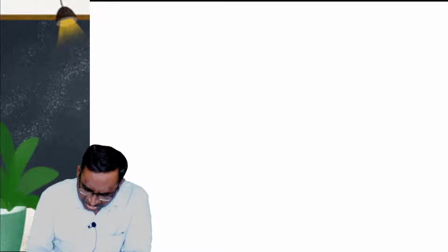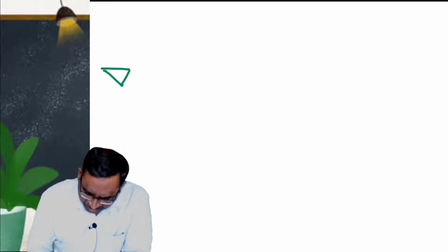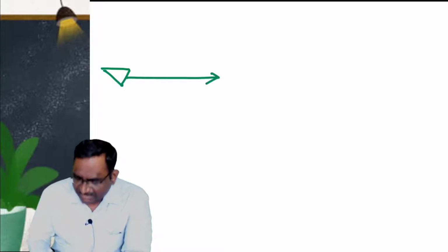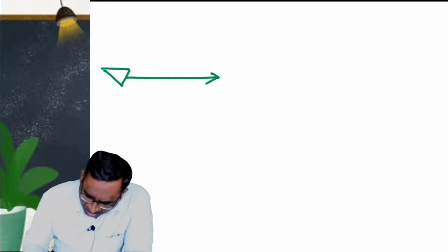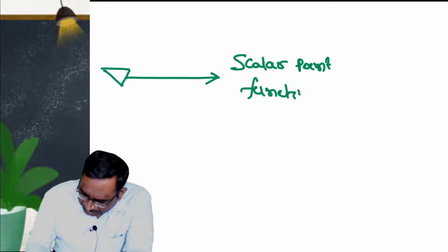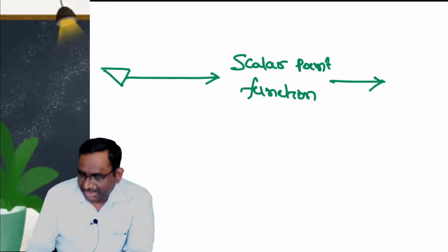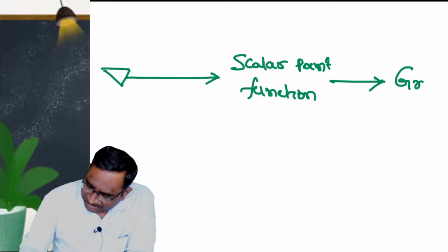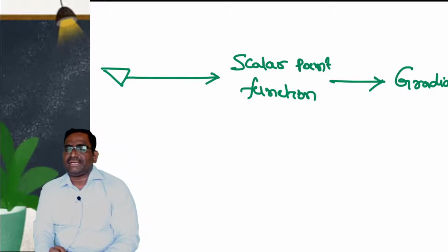Now, let us see. This is a vector differential operator del. When we apply this vector differential operator on a scalar point function, then we are going to get one result which is called gradient.